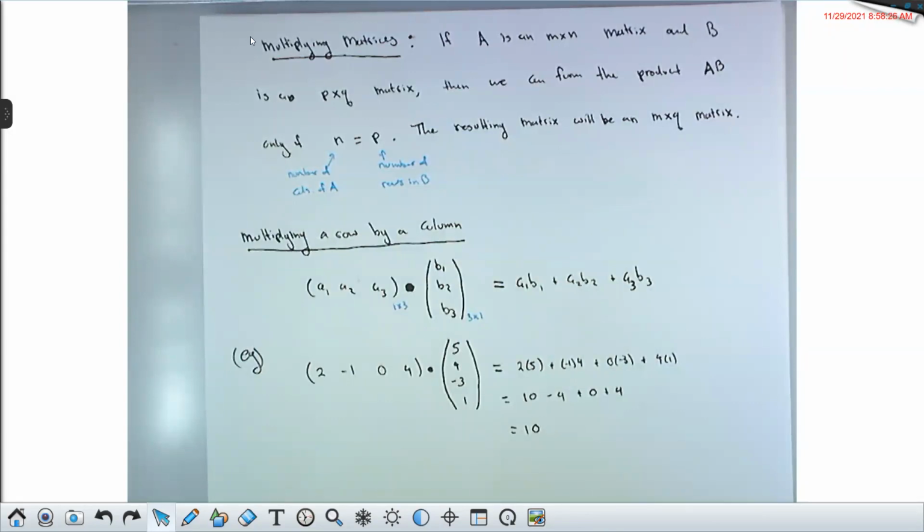The way that we multiply larger matrices is you take a row from the first times a column from the second. That's why the number of columns of A has to equal the number of rows of B, because we need to be able to form each of these little scalar products.